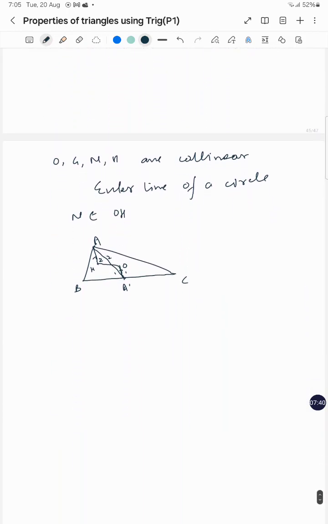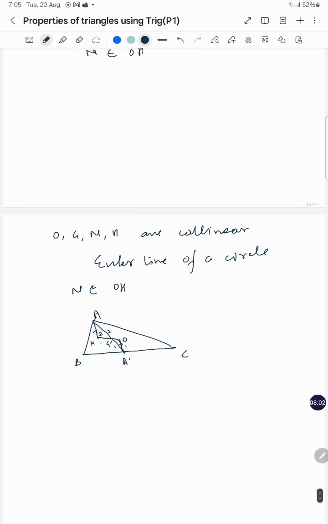So another important point which lies on this line is the centroid. So if we consider this diagram, suppose this is G prime. Triangle AHG prime and triangle A prime OG are similar with a scale factor of 2:1, because AH is twice OA prime and AH is parallel to OA prime.